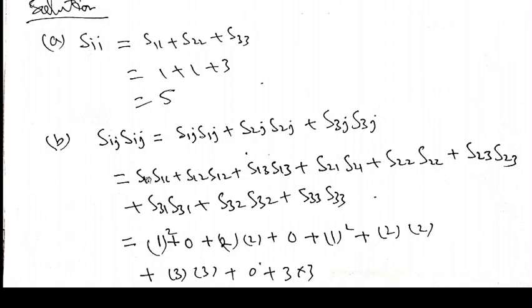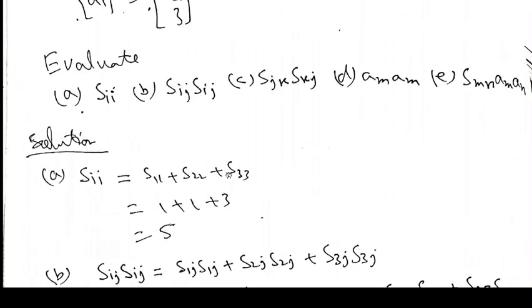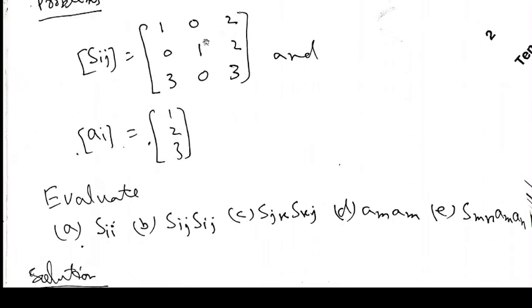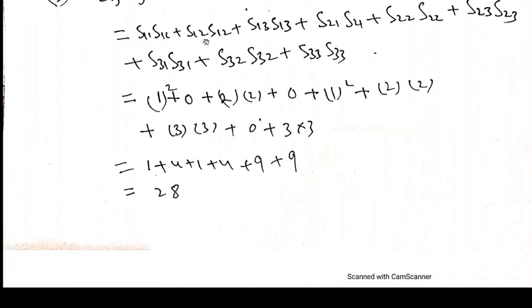So S11 is 1, this is 0, S13 is 2. So we are using the values of these S from the matrix given here. So it would be 1 plus 4, 1 like this, and the result will be 28.